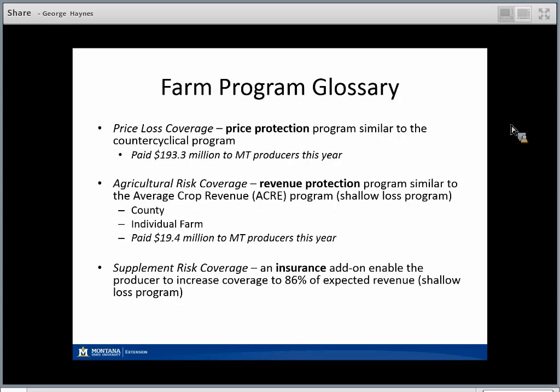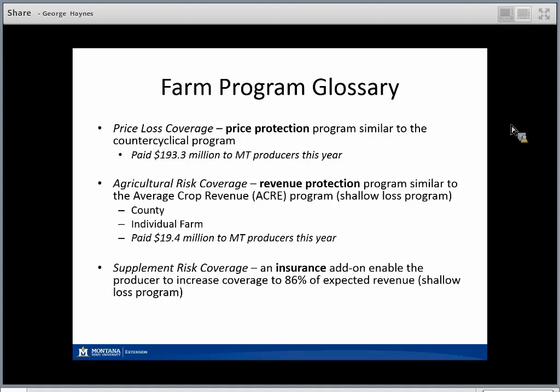And it can be structured in a couple different ways. One of them is that your payment on the agricultural risk coverage program could come as a result of what's happened in your county. That's the most common way that this has been implemented. So if your county fell below some kind of revenue threshold, which we'll talk about in just a minute, then you'd be eligible for a payment. Or it could be what's happened on your individual farm.